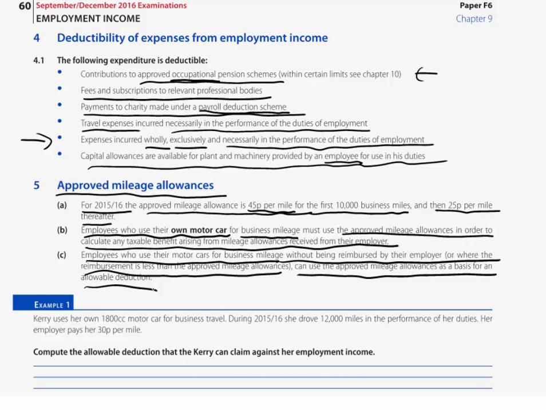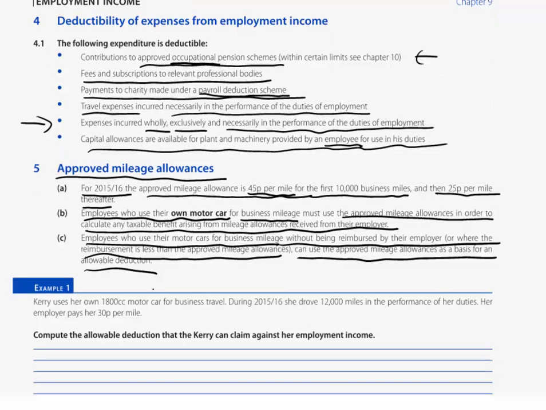Now, if you have been reimbursed more than the approved rates by your employer, there is an assessable benefit. That's an employment income assessment. If the amount that you have been reimbursed is less than the approved mileage allowance rates, then that difference forms the basis of an allowable deduction against your employment income assessment.